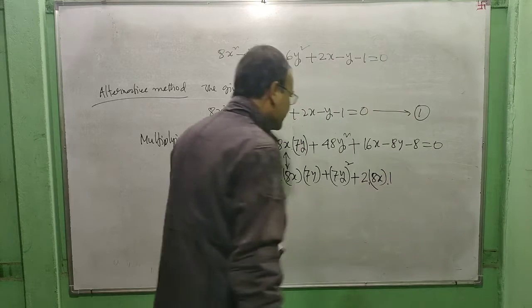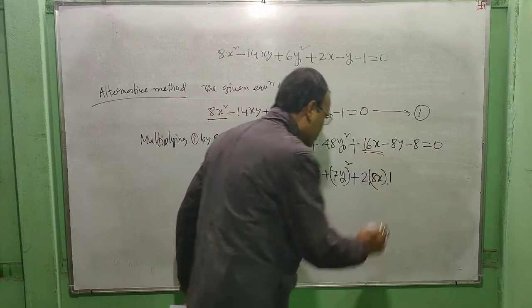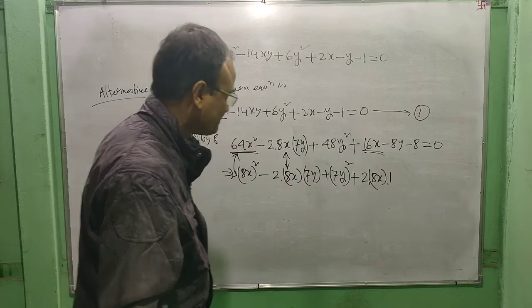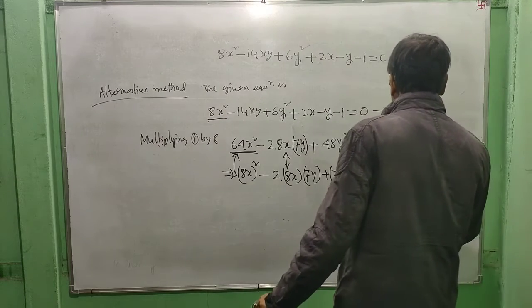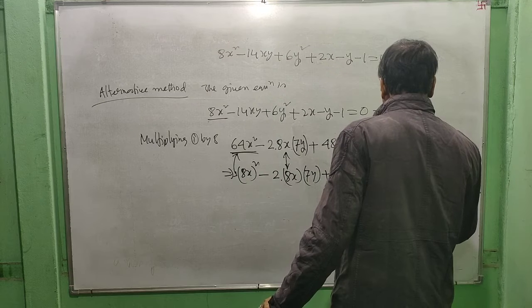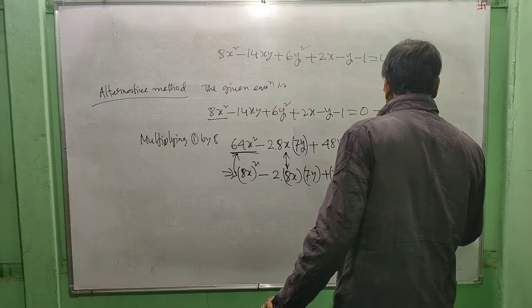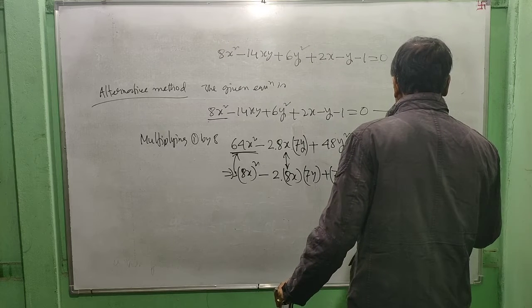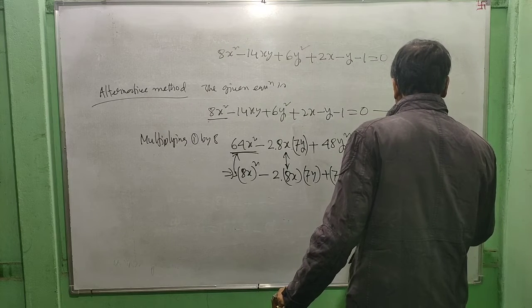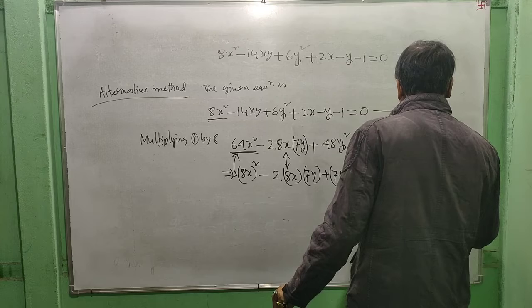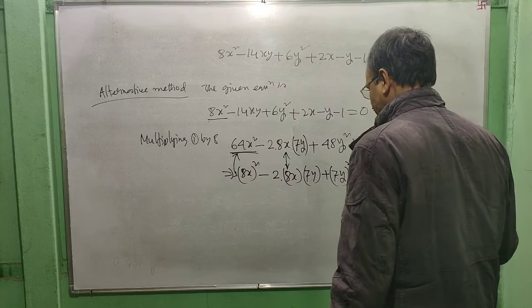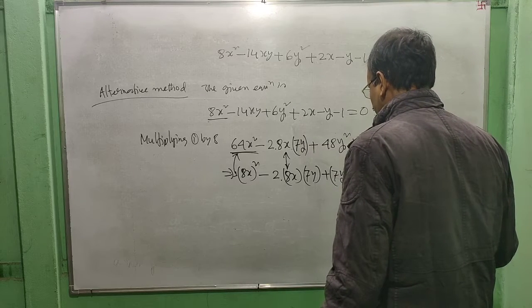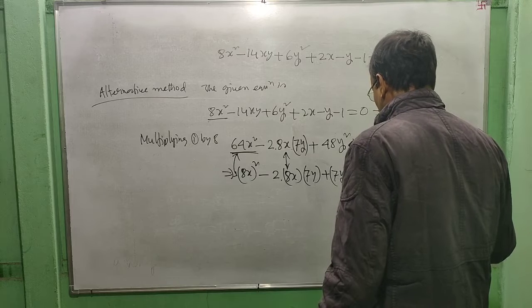For 16x you will have to write 2 into 8x into 1, plus 2 into 7y into again 1.